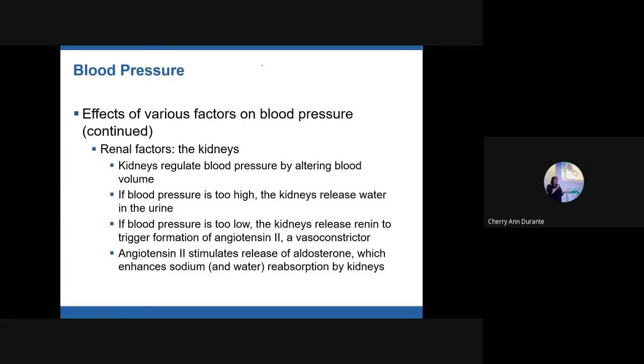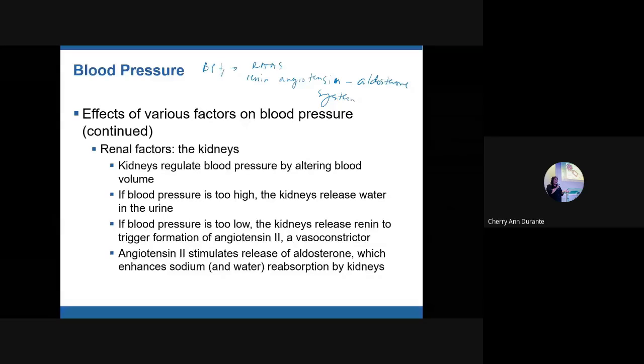So when BP is low, it will trigger your RAAS. Ang purpose niyan ay i-elevate yung masyado mong mababang blood pressure with the use of your hormone releases, which is renin, angiotensin, converting it to angiotensin 2, and then your aldosterone.